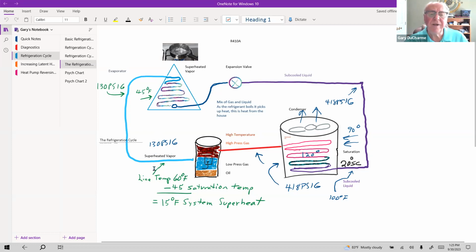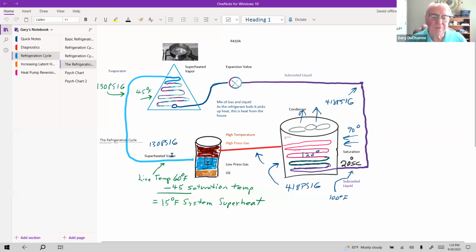So then we know that we have superheated vapor if the temperature of this line is above 45 degrees. Because we know with refrigerant 410A at 130 psig, the saturated temperature of that refrigerant is 45 degrees. It's on our chart. That's the way it was designed to work.